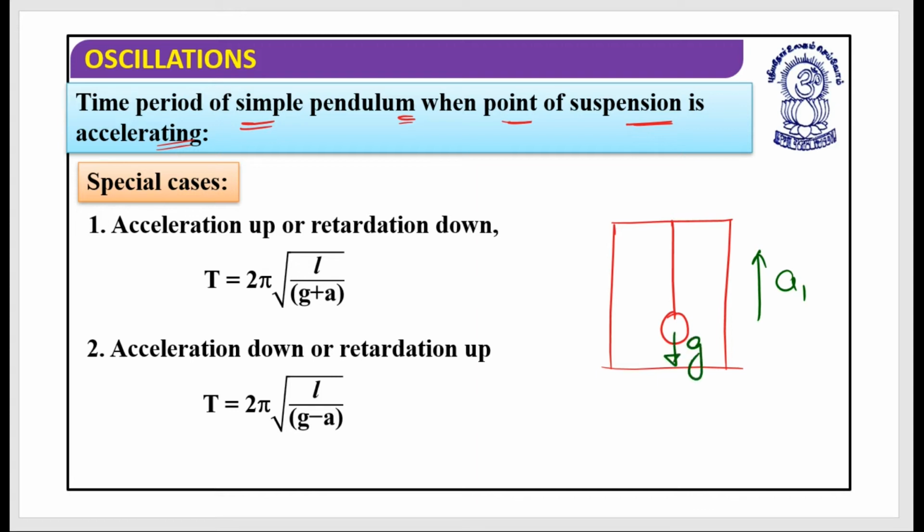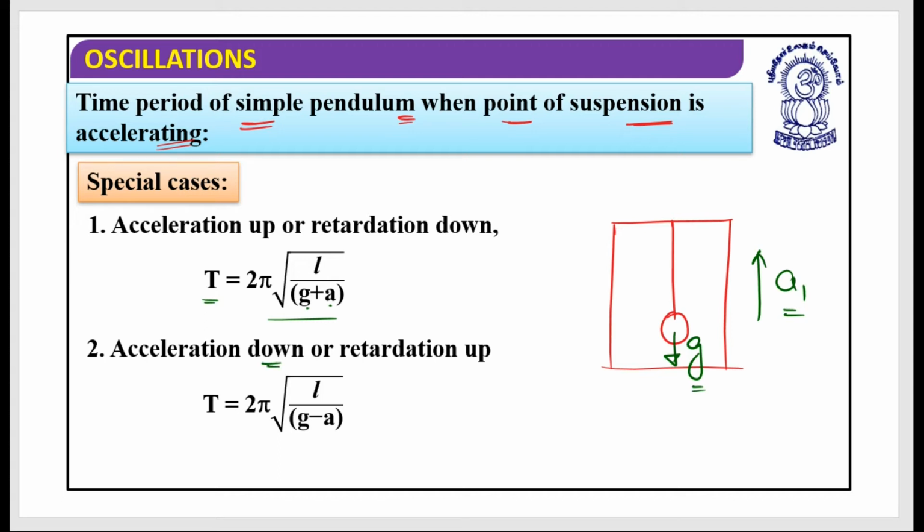Here g acts in the downward direction. When this lift is moving up, the time period is 2 pi under root of l divided by g plus a. I hope this is clear.